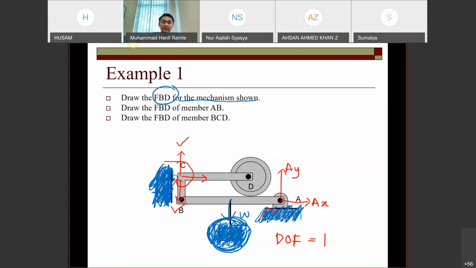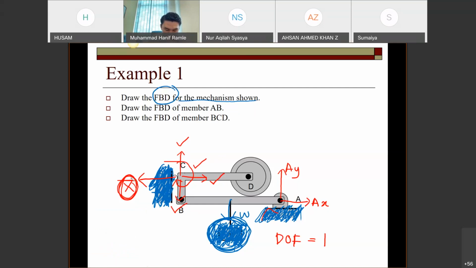Okay, the answer is actually yes, it can go right. The thing that cannot is left, because of the wall. This one cannot move in this direction, so we have one reaction. The moment also can occur, this one can move as well, so there is no restriction on the rotation.